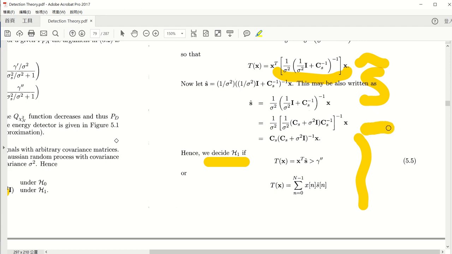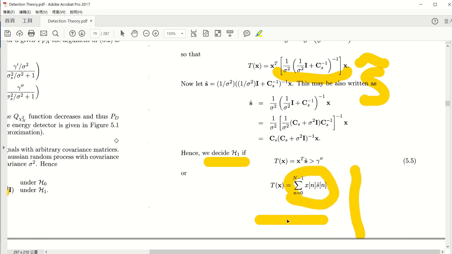You take the transpose, then you get a row, and S hat is a column. So you have a row and a column, first element with first element, second element with second element. You write it all out, you get something like this. So that is our so-called test statistic.